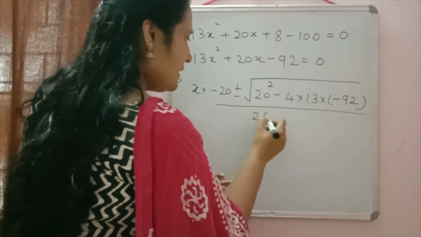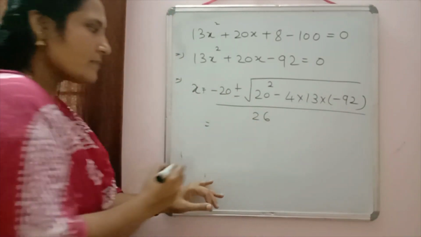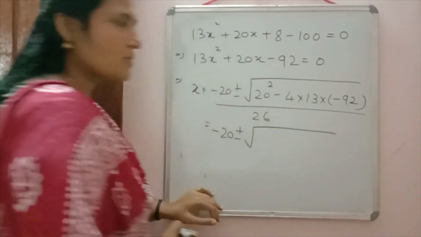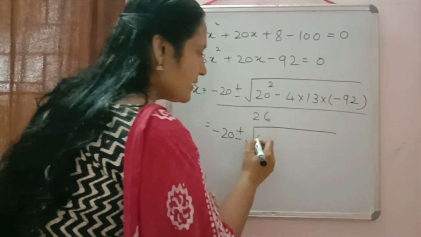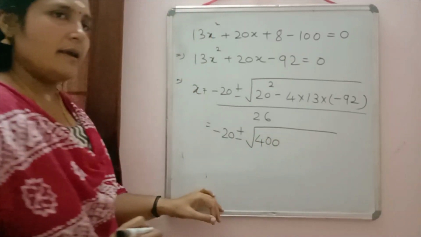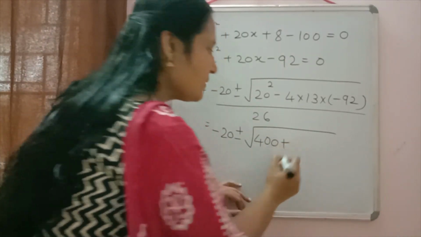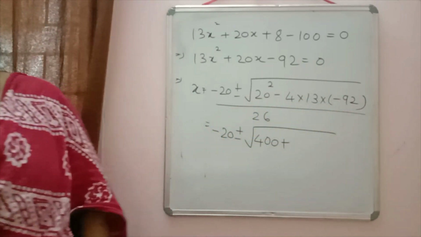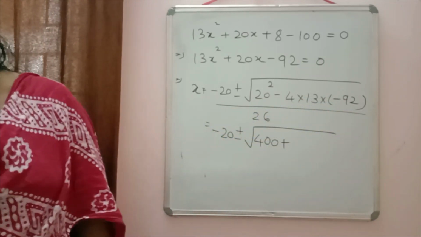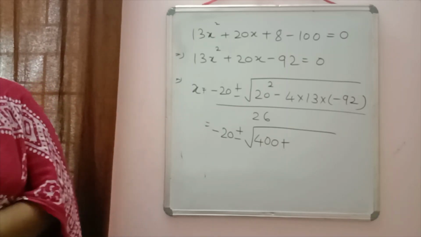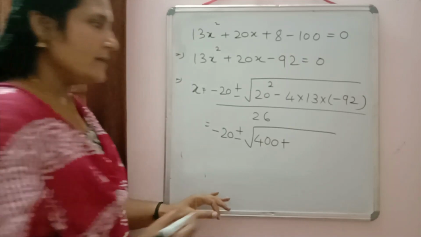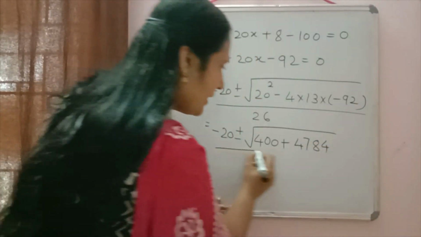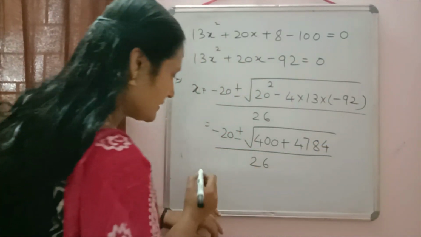2 into 13, 26. So we'll get here minus 20 plus or minus square root of 20 square is 400. Minus into minus will be equal to plus, 4 into 13 into 92. Now you can multiply it. And I think after doing the multiplication, you will get here 4784 by 26.